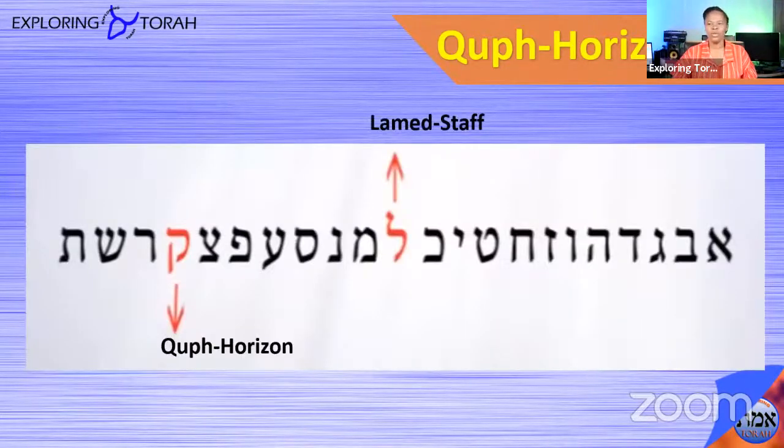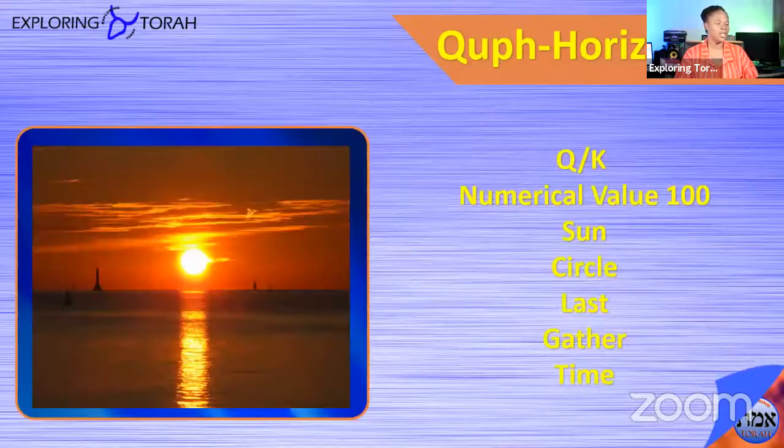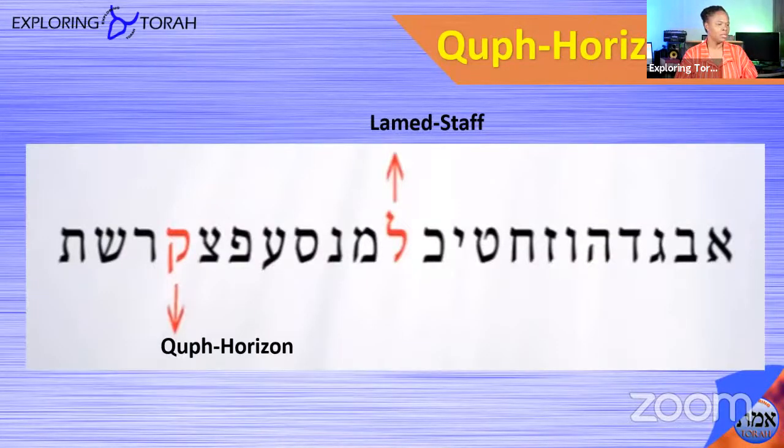Now I want you to look at all the letters in a row. When we were going to kindergarten, they taught us to write A, B, C, uppercase and lowercase. So if you were going to write all the Hebrew alphabet, it would look something like the one you're seeing on the screen now. Notice that the lamed goes above the line, and also the kuf in its original form is below the line.